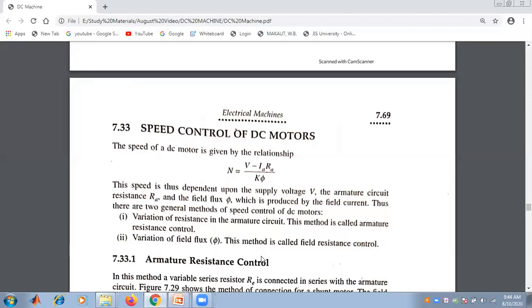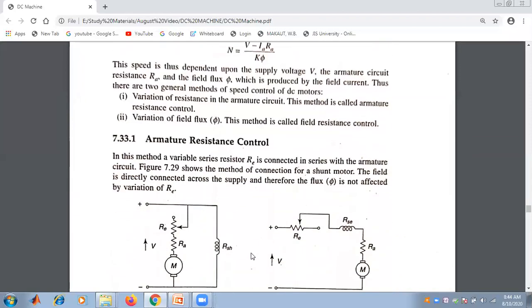Another is variation of field flux. This method is called field resistance control. So first we will start with armature resistance control.